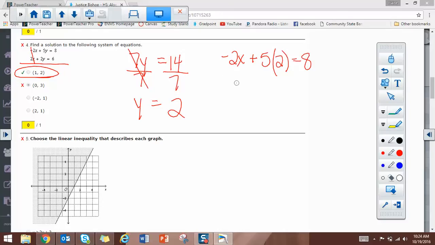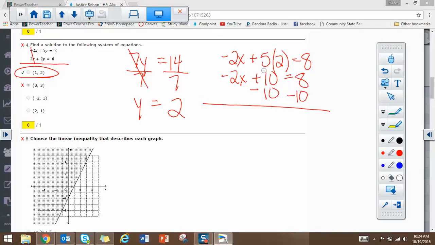So that's -2x plus 10 equals 8. Subtract 10 from both sides. You get -2x equals -2. Divide by -2, and you get x equals 1.